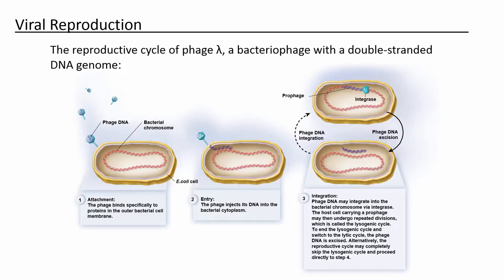So it may go directly from stage 2 to stage 3, the integration stage. Other viruses skip the integration stage and go directly to step 4, which is production of viral components. I'm not going to ask you for that detail. Both the viruses that we're going to talk about have stage 3 and also stage 4.